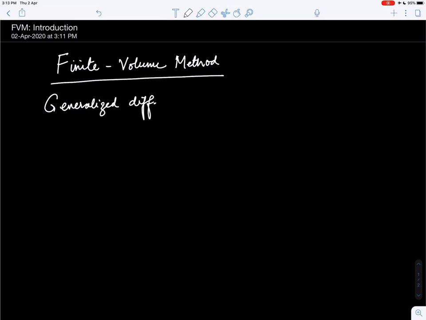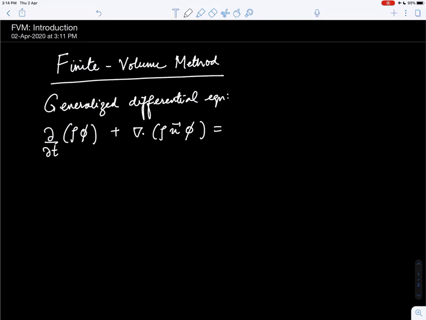So we have the generalized differential equation, which for any parameter, some parameter phi, can be written as one with a spatial and a temporal variation.